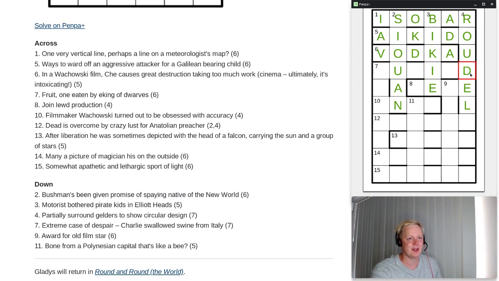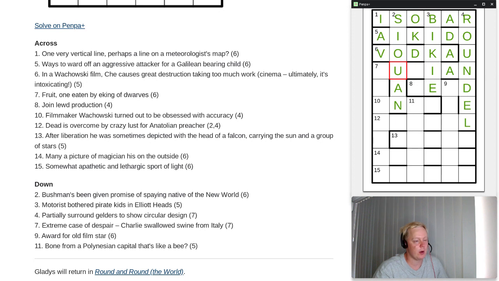So that's not a D. So it's going to be N here. I spelled roundel there. Roundel is the word. It ends here, not here. So yeah, we have an N here at the end of this 7. Sorry about that. So we're going to put A around a 5-letter word meaning eking of dwarves.